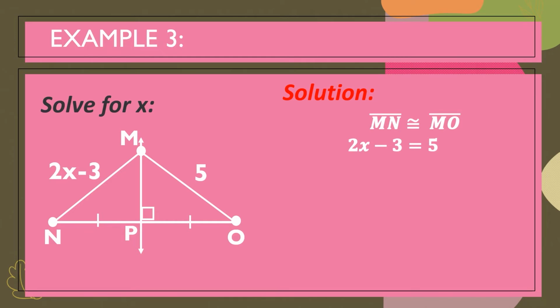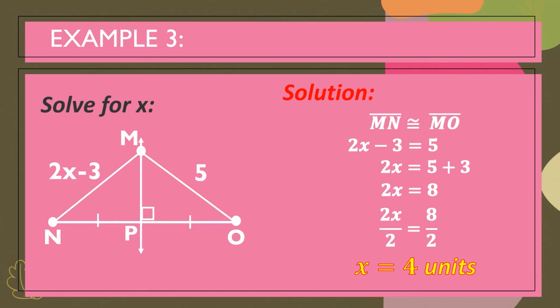So 2x minus 3 is equal to 5. Combining similar terms, we have 2x is equal to 5 plus 3 by addition property of equality. 2x is equal to 5 plus 3, which is 8. Divide both sides by 2. 2x divided by 2 is x, and 8 divided by 2 is 4. So the value of x is 4 units.